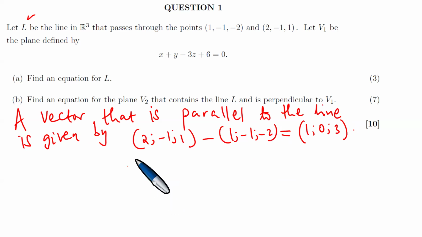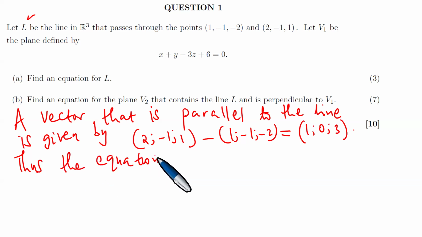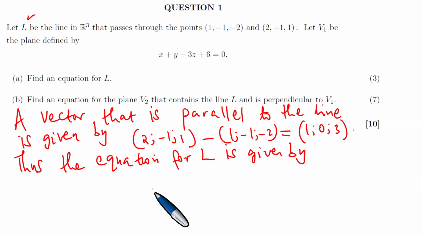Right, and because of this, we say thus, that's the equation for L is given by (x, y, z).